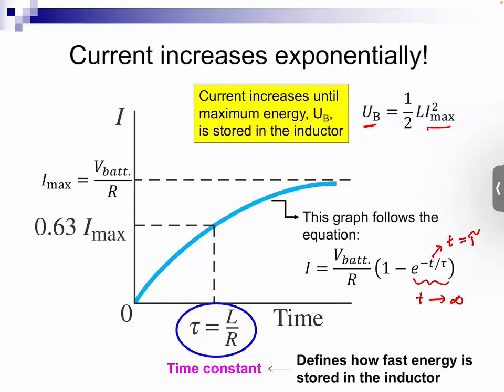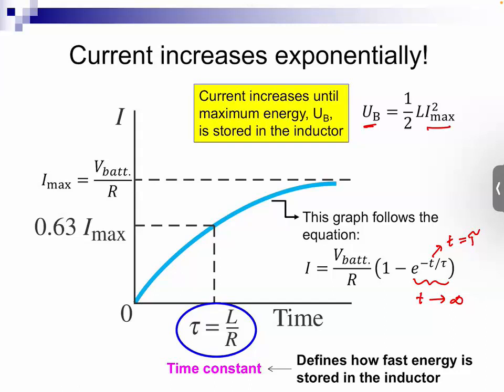But physically speaking, the relevance of the time constant for an LR circuit is that it defines how fast energy is stored in the inductor. If you draw parallels between the capacitor and the inductor, they're doing similar things.